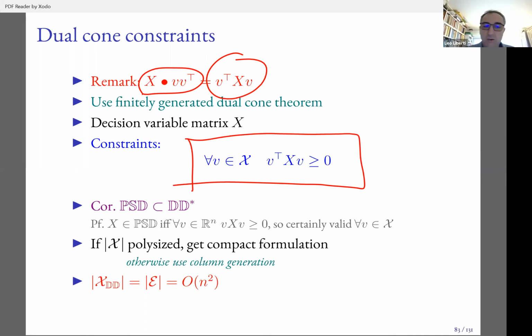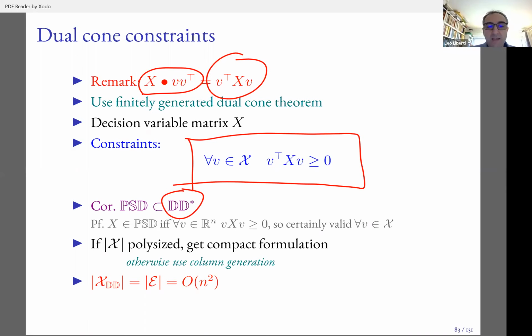Okay. So if this is for a general, finitely generated cone, if I look at DD star, now I can finally show that DD star contains the PSD cone.